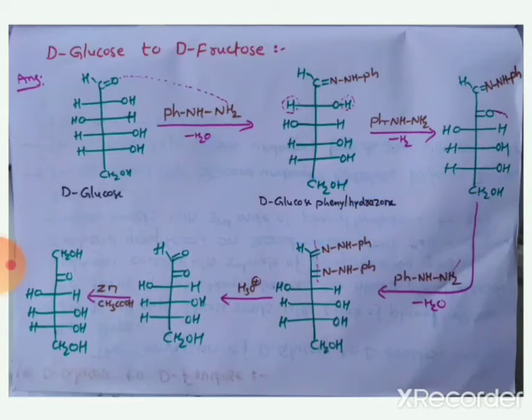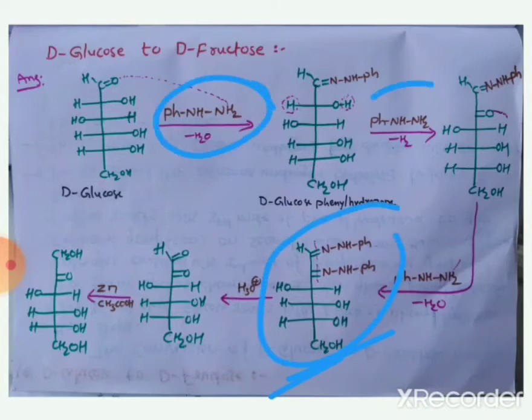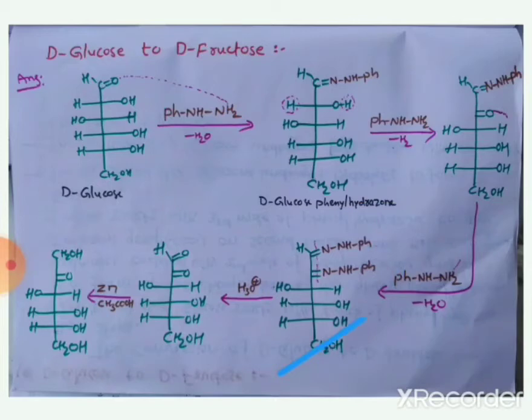The C=O carbon further reacts with a third mole of phenylhydrazine, so finally we get osazone. For the formation of osazone, we require 3 moles of phenylhydrazine.